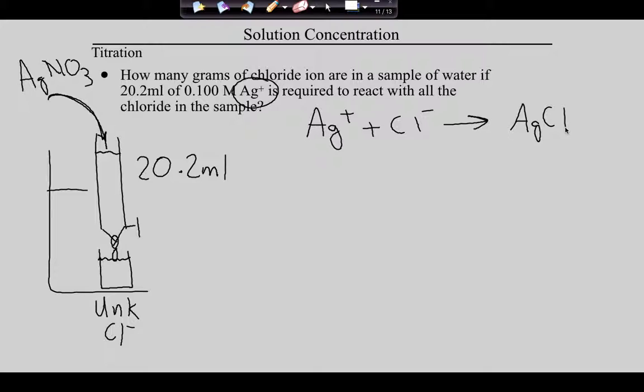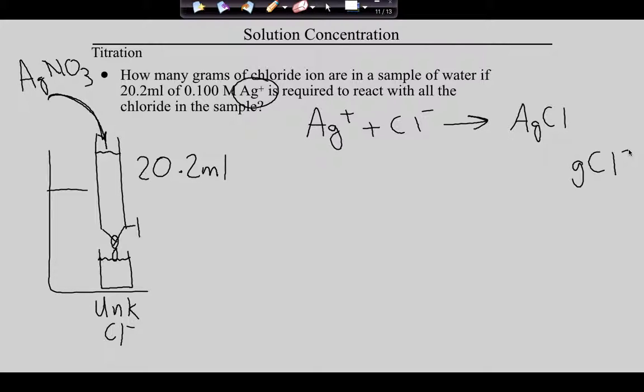So guys, now let's set up a problem. What are we solving for? What do we want to know? Grams of chloride. So we're going to go over here and we're going to go grams of chloride. Now guys, what do we know about the process that we engaged in that will help us figure out how many grams of chloride?